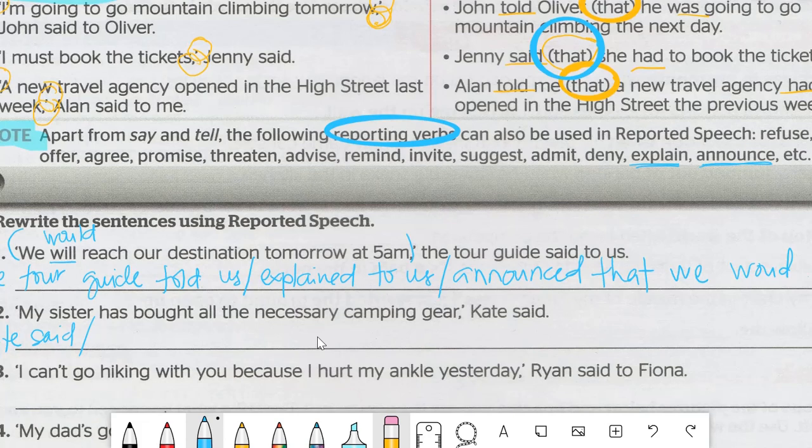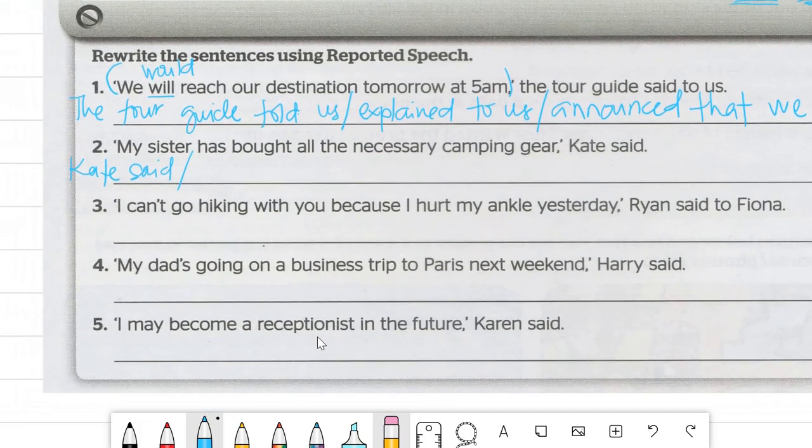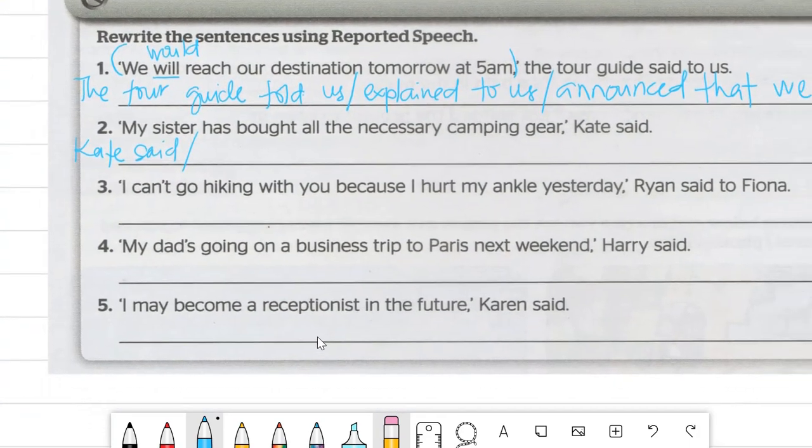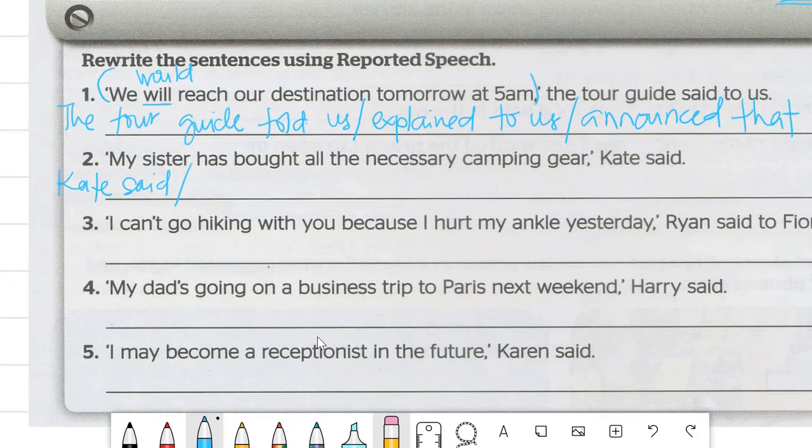Refuse, no. Offer, no. Agree, promise, threaten, advise, remind, no. So these two can be used again, because she said, she told. So use explain and announce. Okay, Kate said, or explained in past tense here. Explained or announced. Announce that. There must be that, right? Remember that. That what?